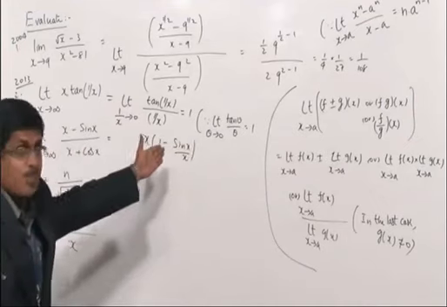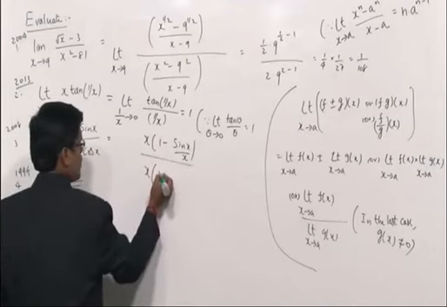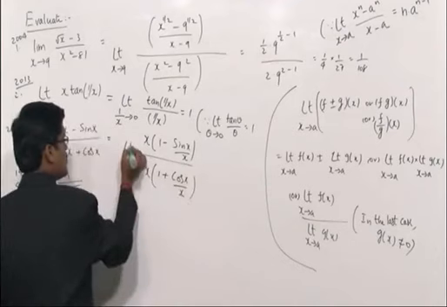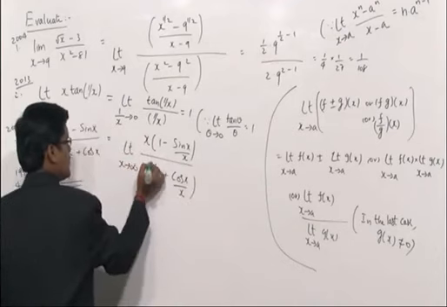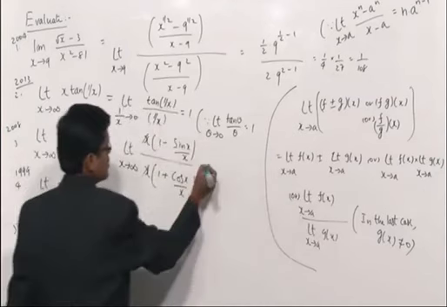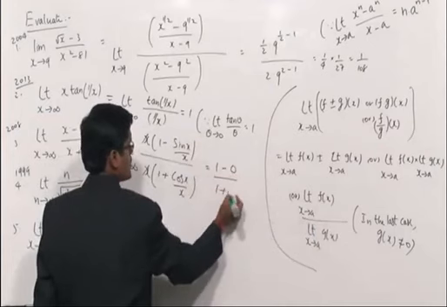I gave sin x by x, x tends to infinity. So here also, after taking out x, 1 plus cos x by x, limit x tends to infinity. So x cancels. Then compare this with the formula f(x) by g(x). The limit of a constant is itself, 0, 1 plus 0 is equal to 1.